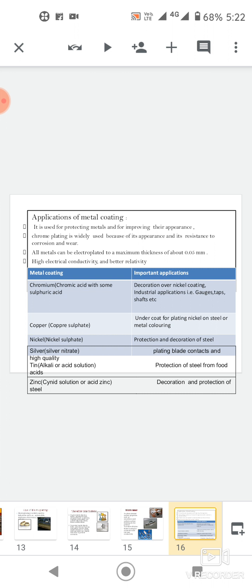Chromium plating is widely used because of its appearance and its resistance to corrosion and wear. The details of coatings with their applications are given in the table below.